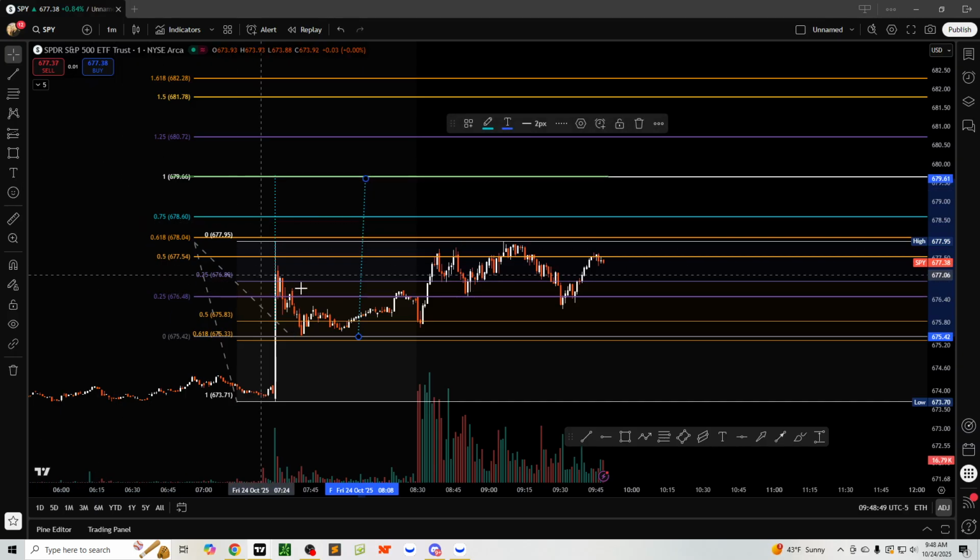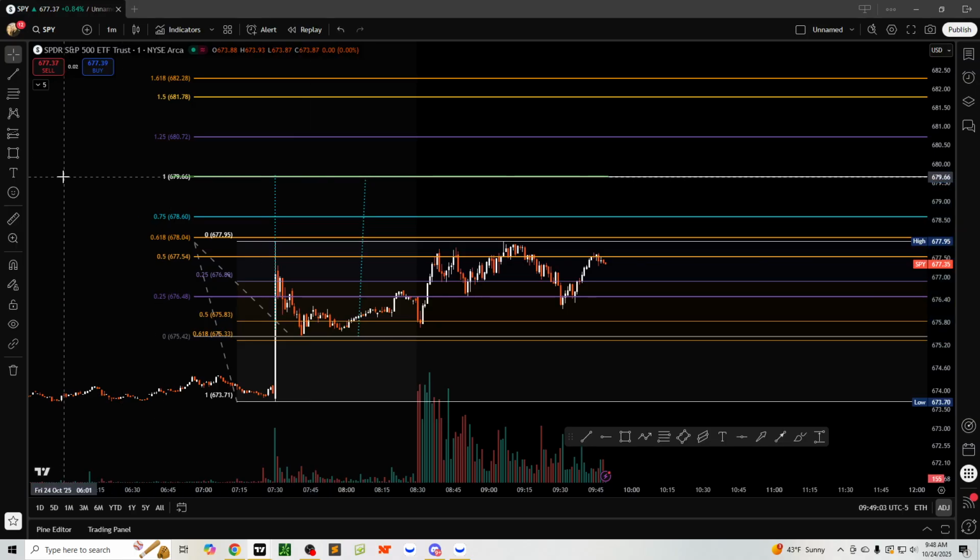And if we break the high of our Fibs range, whatever the additional space was, whether it was the 0.5, the 618, that would be our next realistic target level.